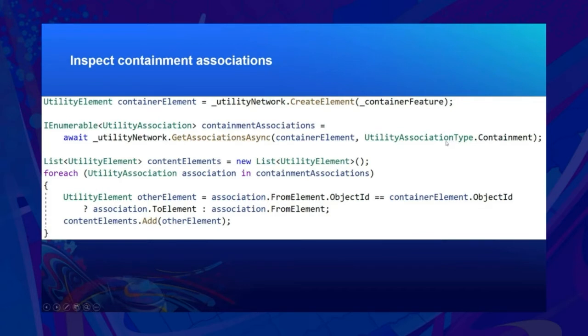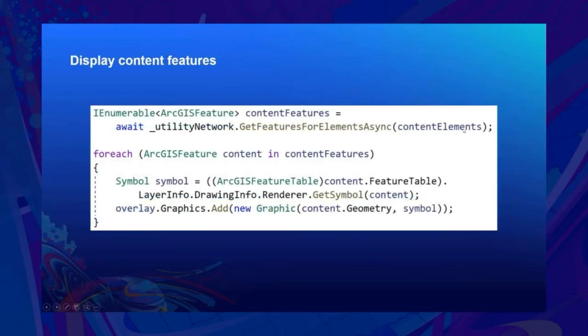An association is essentially two parts, a from and a to element. Elements not matching the container element's object ID are the contents. We converted these content elements back to features using getFeaturesForElementsAsync. A feature having a symbol and geometry may be displayed as graphics.